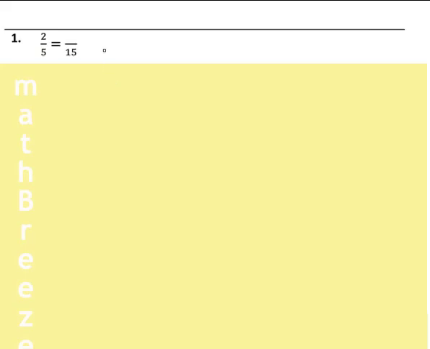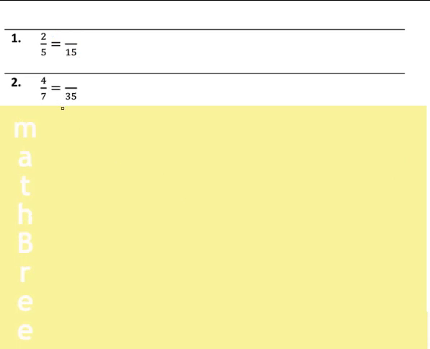In this first example, we want to find an equivalent fraction whose denominator is equal to 15. Well, we have to multiply numerator and denominator by the same thing. So we say to ourselves that 5 times 3 is equal to 15. So if we multiply the numerator by 3, 2 times 3 is 6, we obtain 6 over 15. We obtain our equivalent fraction.